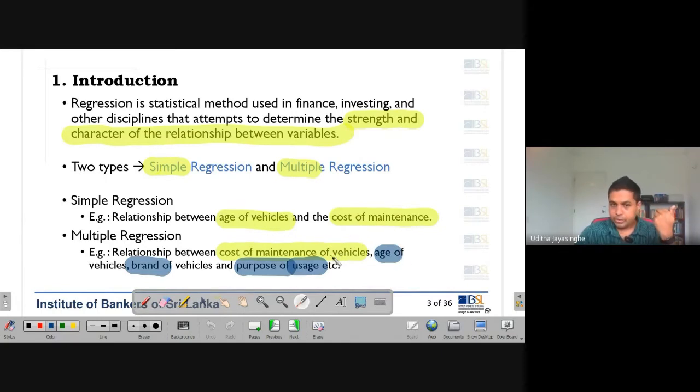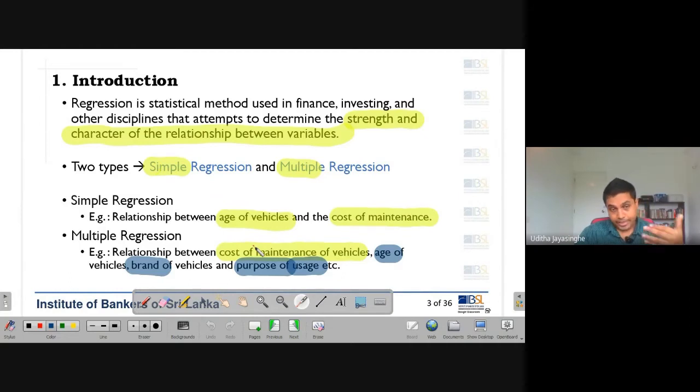Age is only one; there is the brand, the purpose, whether it's commercial or domestic, and the mileage. Likewise, many more variables can be brought into this equation. So that's going to be very interesting. In the latter part of today's lesson, you will understand what these multiple linear regression equations are like. It's not very complicated, very simple and straightforward.